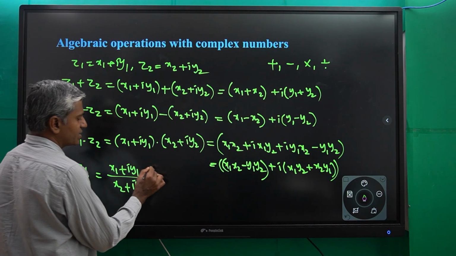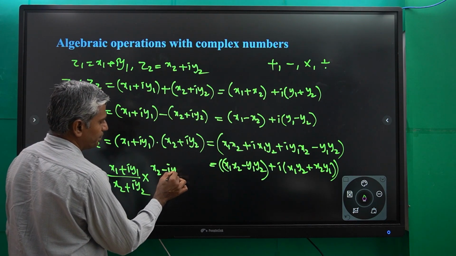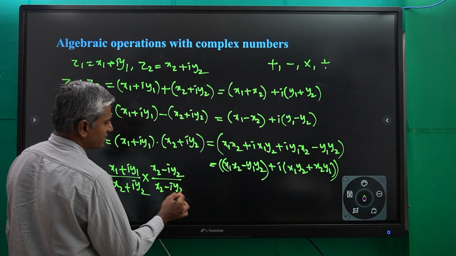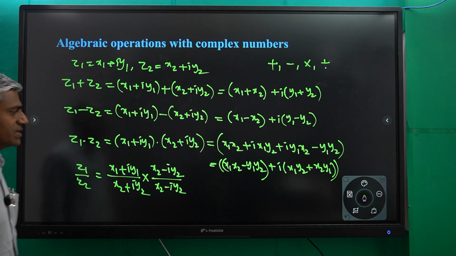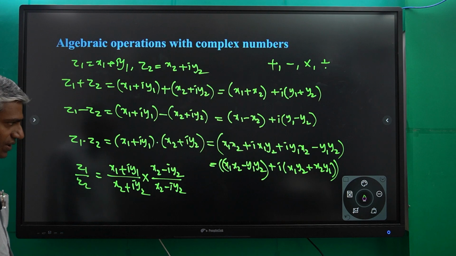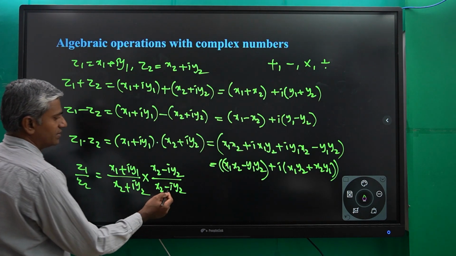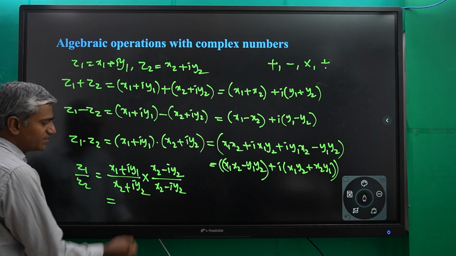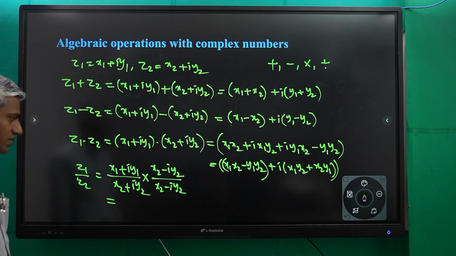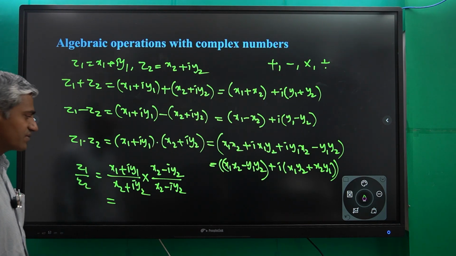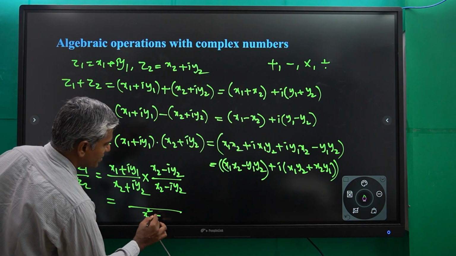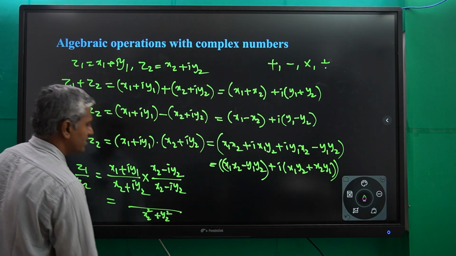So we multiply by x2 minus iy2 divided by x2 minus iy2. First of all, a plus b into a minus b under the denominator is a square plus b square, so the denominator is x2 square plus y2 square.